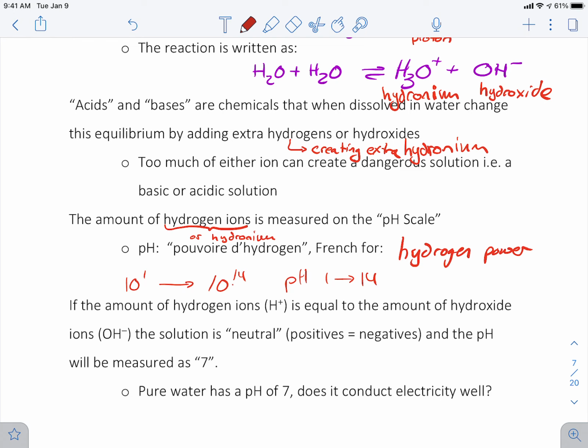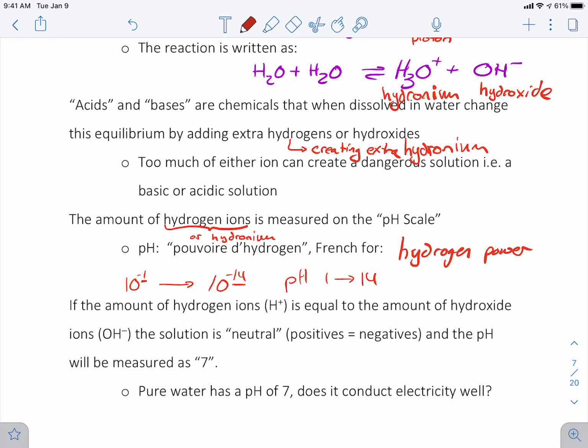That's where it comes from, the power symbols here. Is it negative 14? Yes, it's negative. I had to double check myself there. It is negative 14.